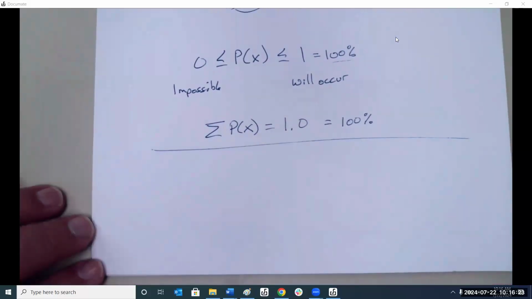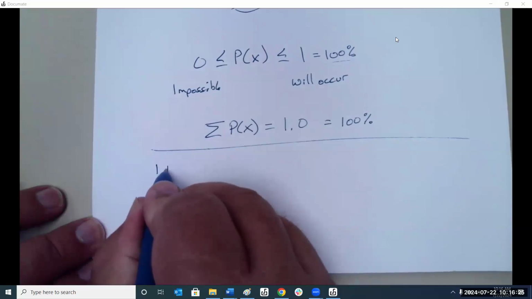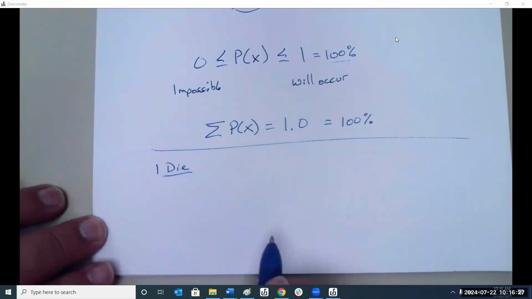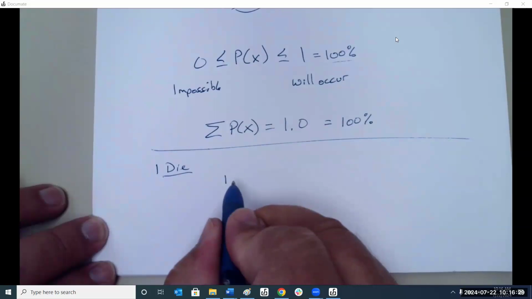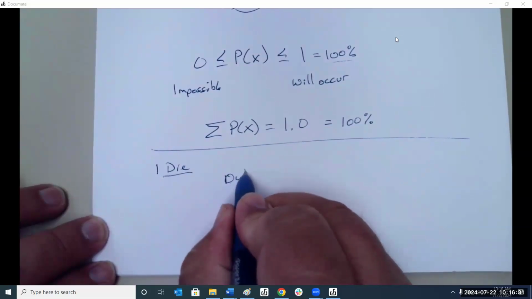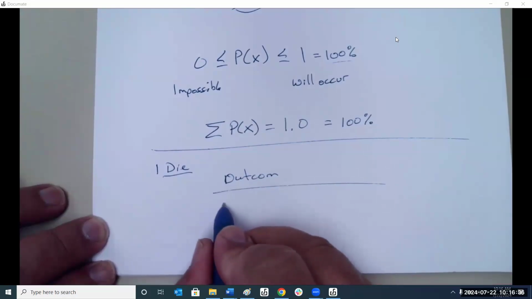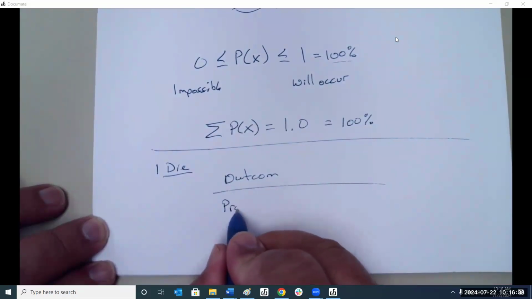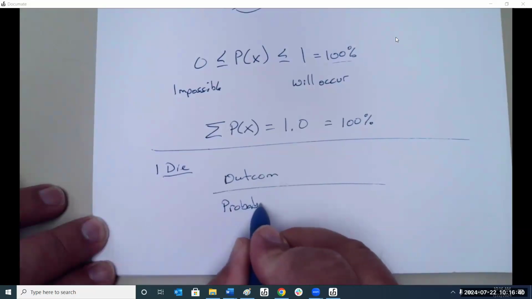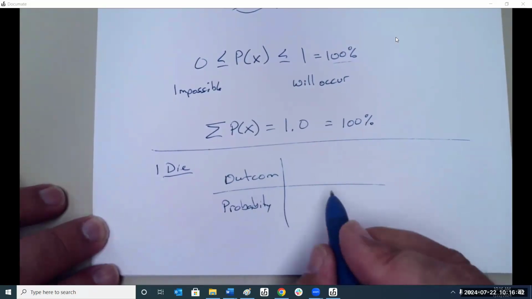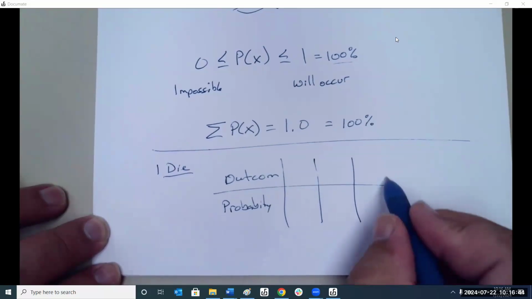Let's prove that. We're looking at one die being rolled. We have the outcome on top and the probability on the bottom. What are my possible outcomes?